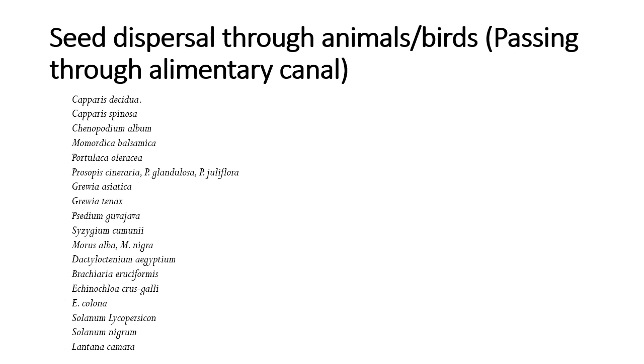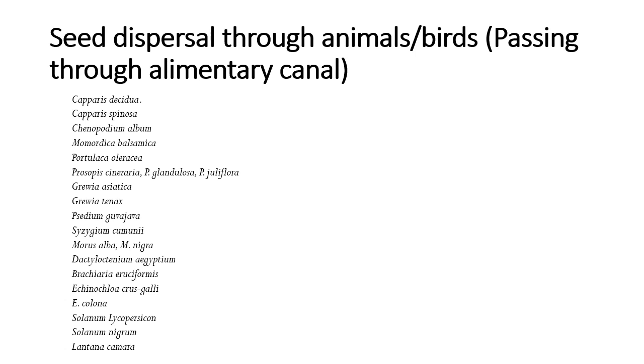There are three species of Grewia: Grewia asiatica, Grewia tenax, even Grewia optiva, which is also found here. Then Celtis australis is also present here. Syzygium cumini, Morus alba, Morus nigra.